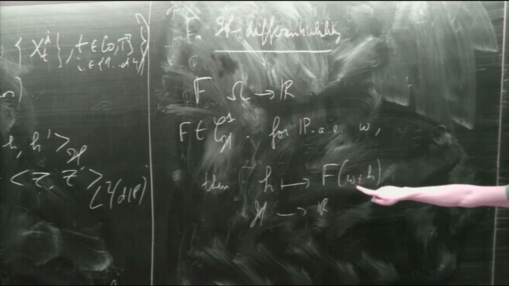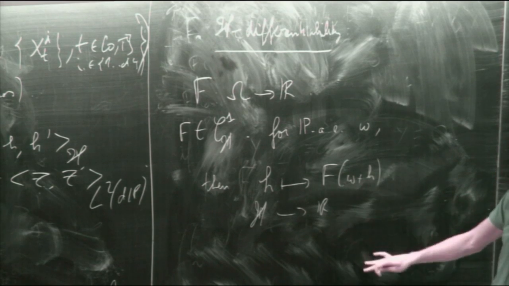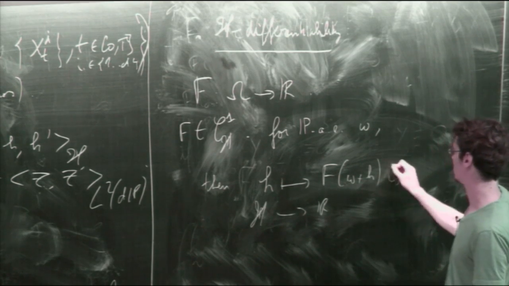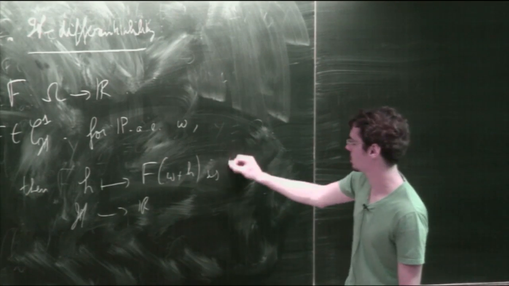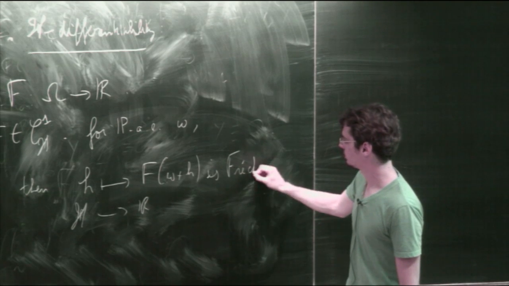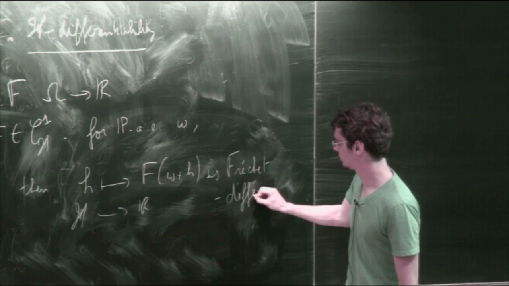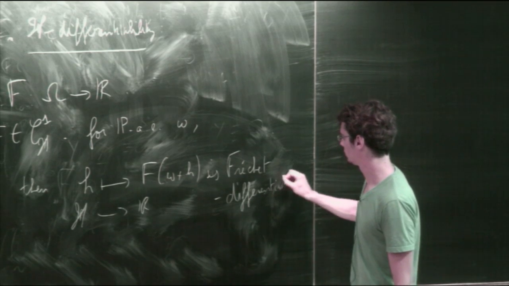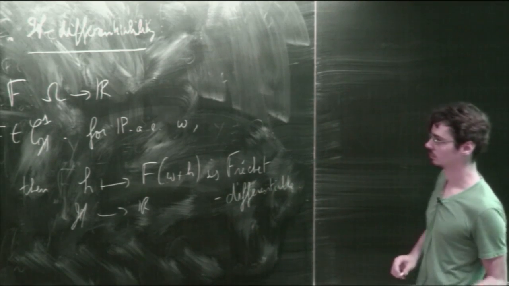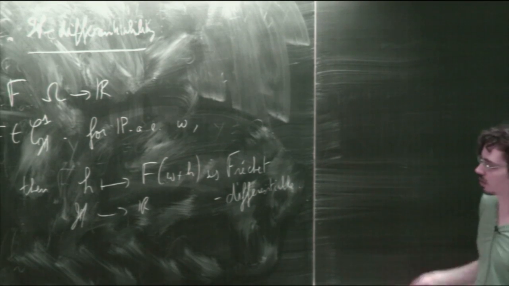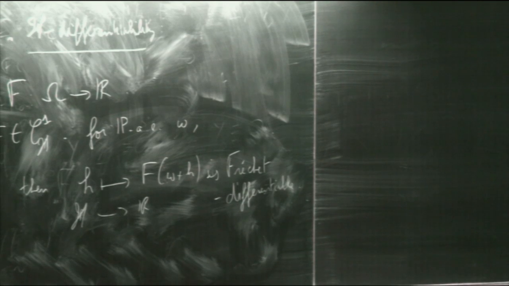What we ask is that this map, translating along this Cameron-Martin direction, is Fréchet differentiable. And as we will see, for instance, this will hold for the solution map to our differential equations.